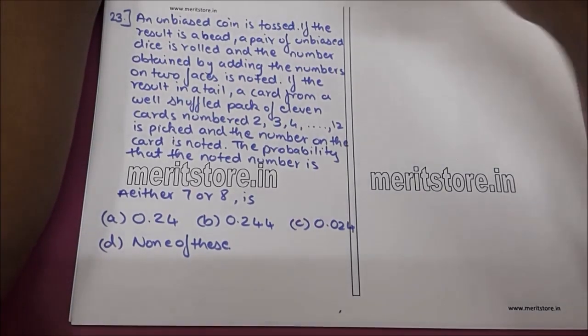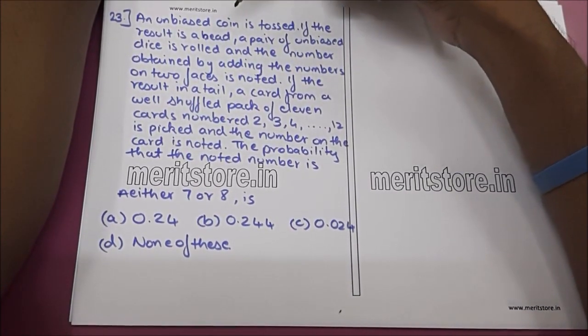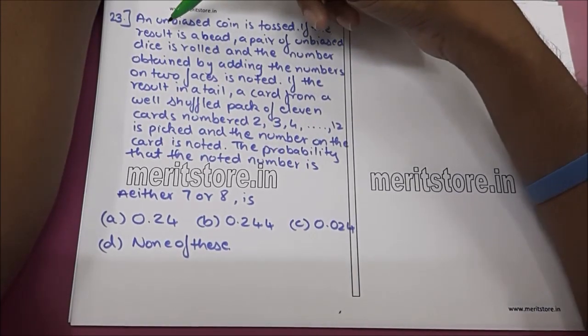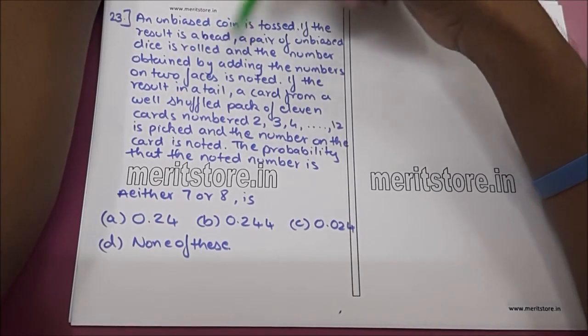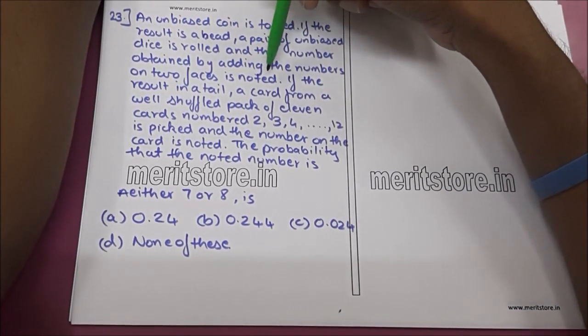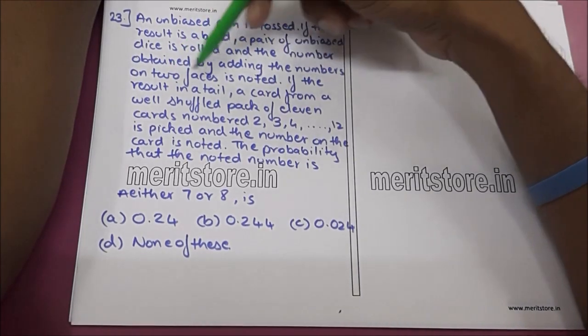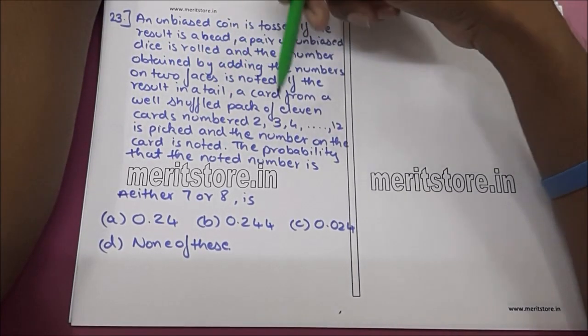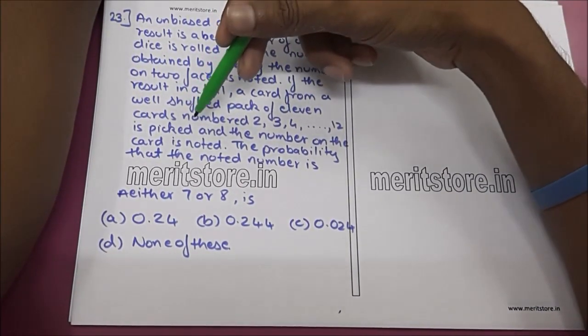Question 23. An unbiased coin is tossed. If the result is head, a pair of unbiased dice is rolled and the number obtained by adding the numbers on 2 faces is noted. If the result is a tail, a card from a well shuffled pack of 11 cards numbered 2, 3, 4, up to 12 is picked and the number on the card is noted.